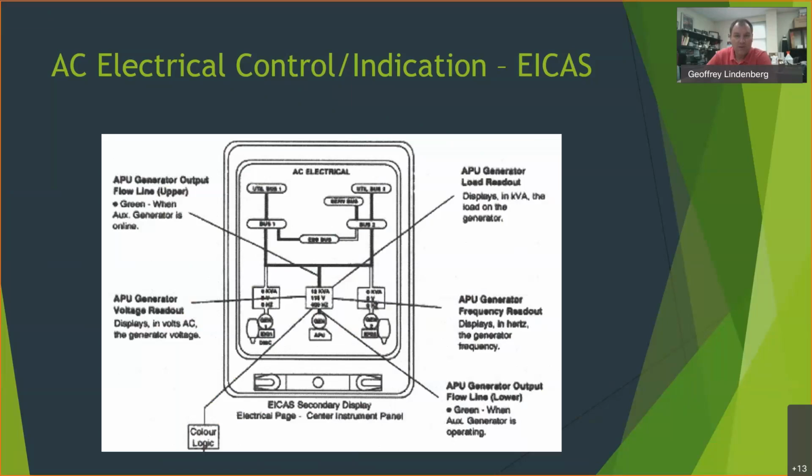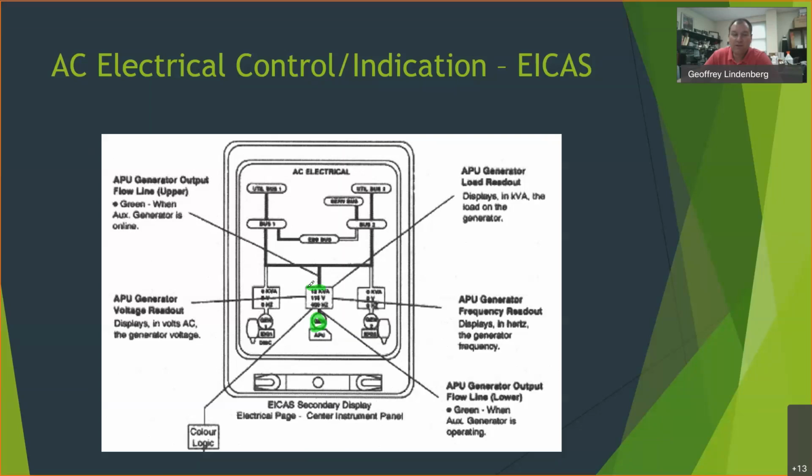And so you have the two engines and the APU across the bottom, along with diagrams showing where power is going. And in this case, the line is black, but when you're using the actual aircraft, for instance, right now, the APU generator would be green.